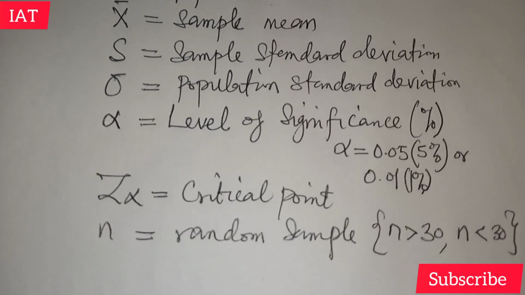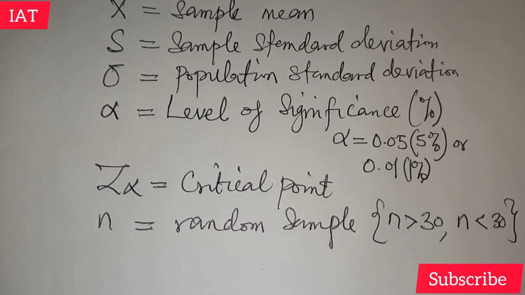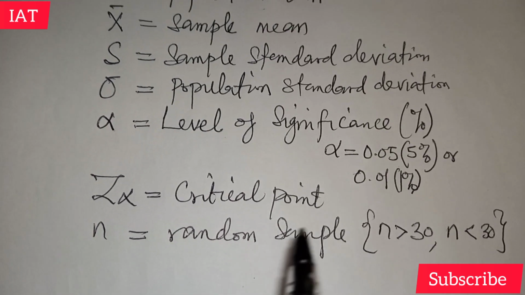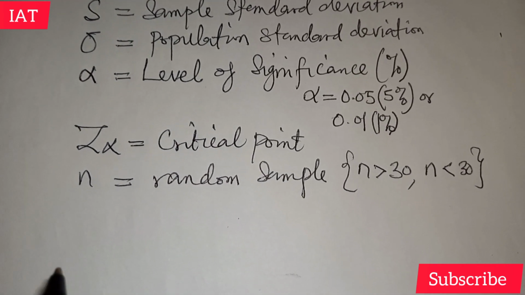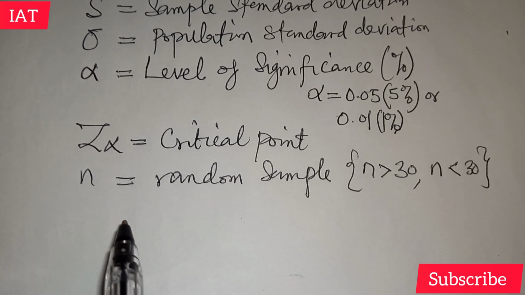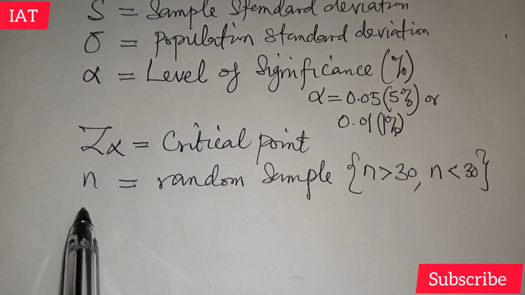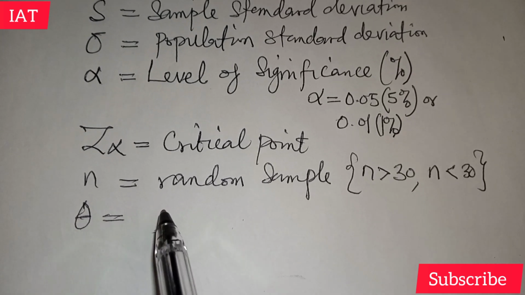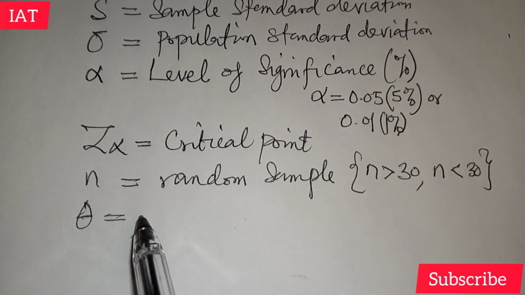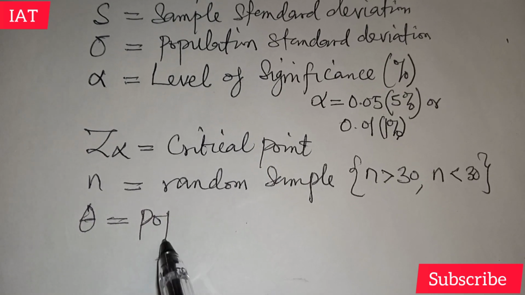And when it's greater than 30 or less than 30, we have formulas associated with it, for either t statistic or z statistic. Right, some textbooks also use this theta, which represents a kind of population parameter.